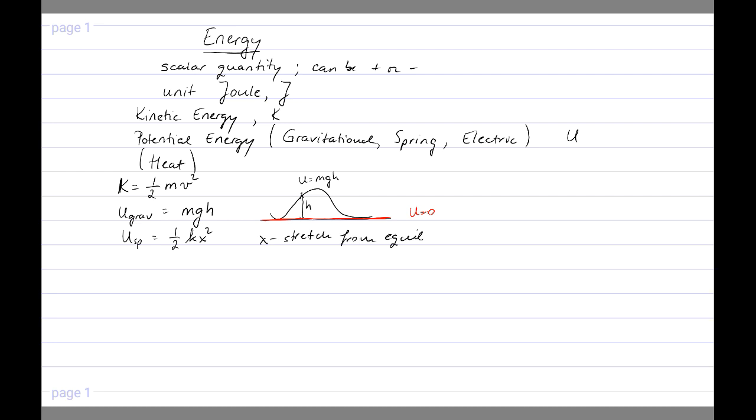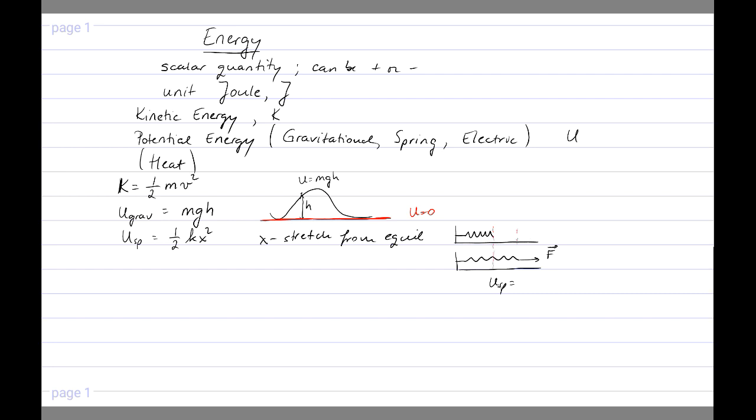So let's say that we have a relaxed spring here, and let's say that we are stretching it by applying a force to it. Then the energy in the spring has to do not with the original length of the spring, not with the final length of the spring, but with the difference between them.